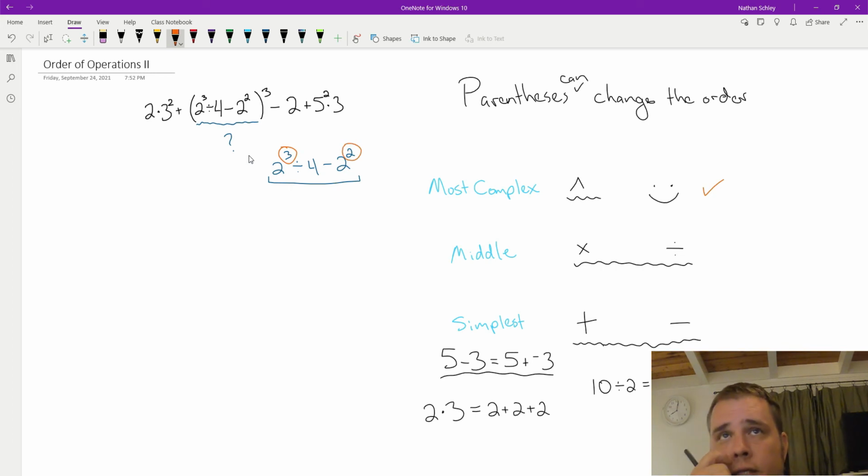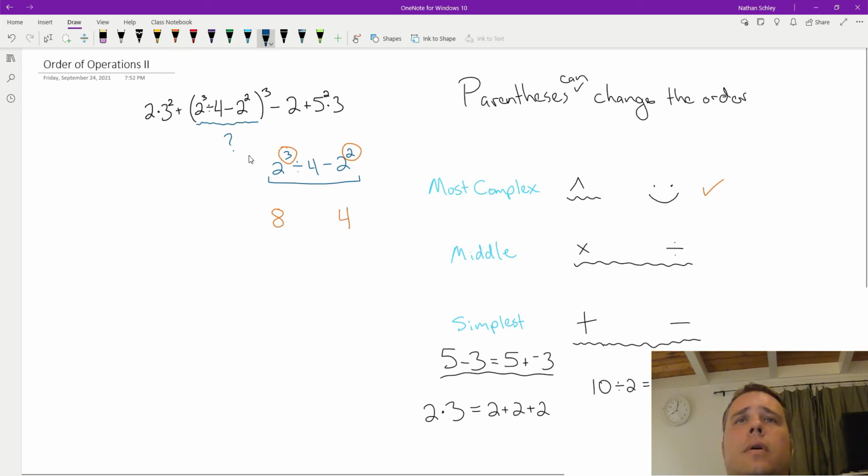In this case, 2 is being cubed and there's another 2 being squared. What is 2 cubed? 2 times 2 times 2 is 8. Now we're dividing by 4, then we're subtracting, and then 2 squared is 4. So this is 8 divided by 4, and then also minus 4. All right, so that's all set.